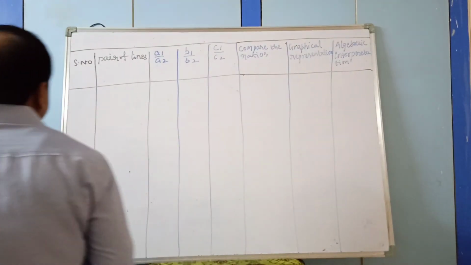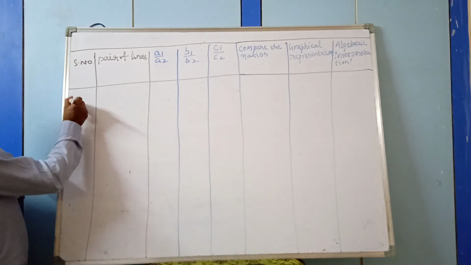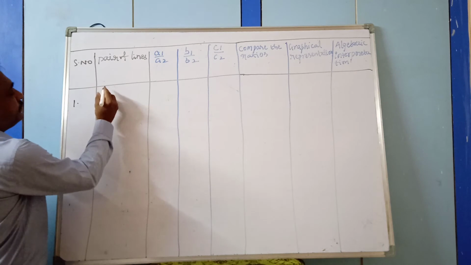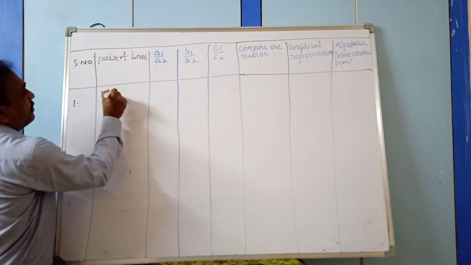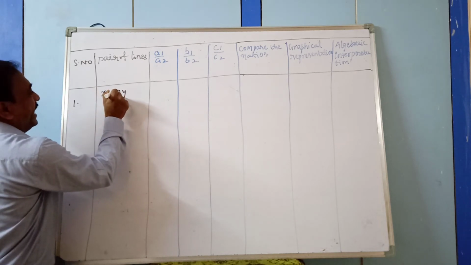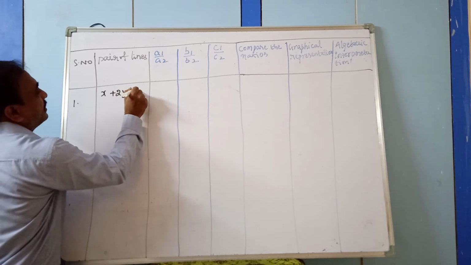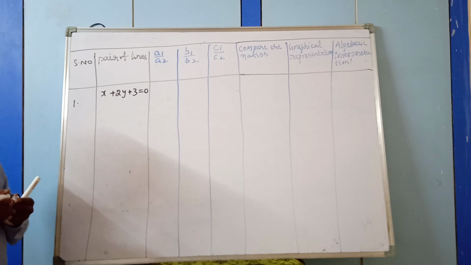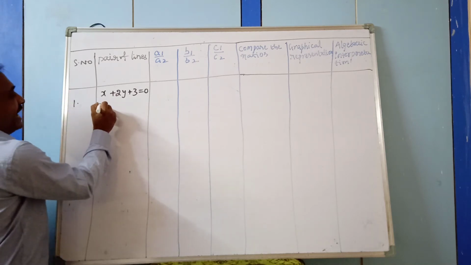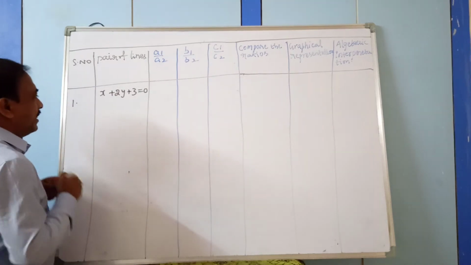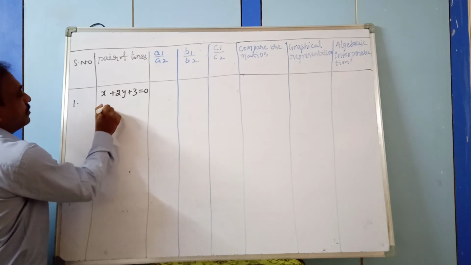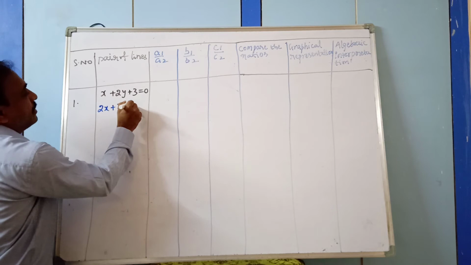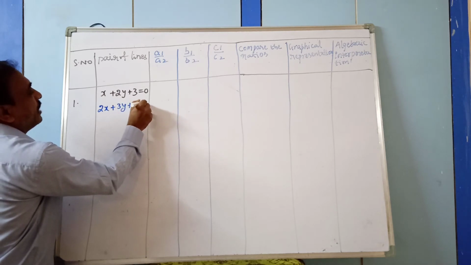Now serial number 1. Observe it. I am taking the equations x plus 2y plus 3 equal to 0. Second equation, 2x plus 3y plus 4 equal to 0.